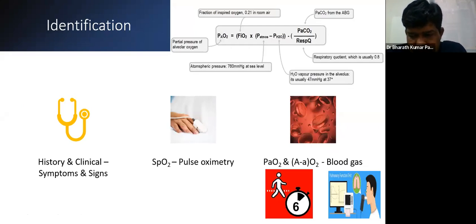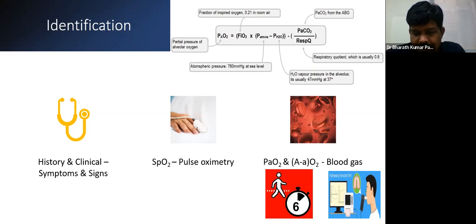Any identification will start with history: the presenting symptoms and signs, such as cough, cold, shortness of breath, or a long-term disease like COPD, asthma, or any restrictive lung disease, or a history of travel after which the patient developed the symptoms. These could point us towards a specific pathology.